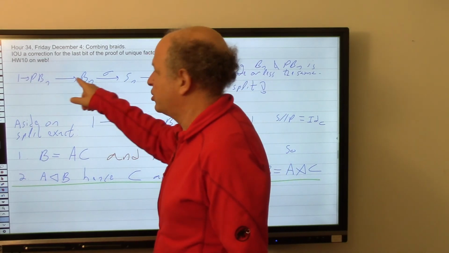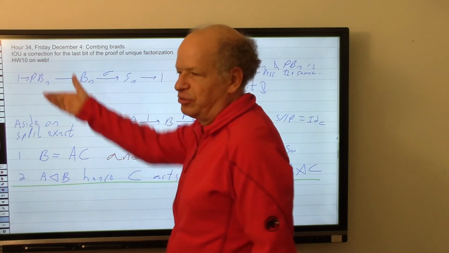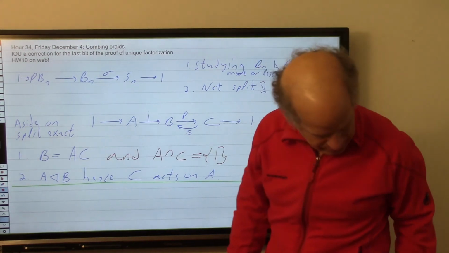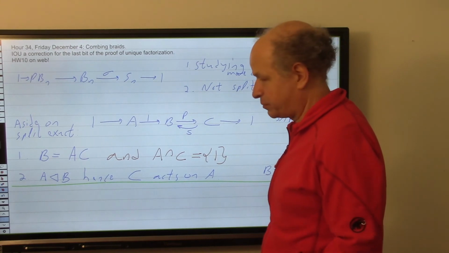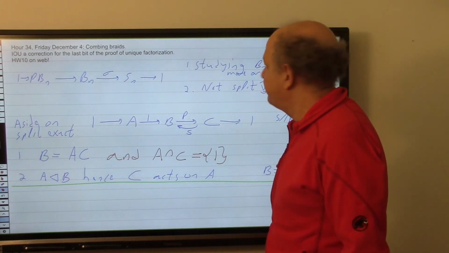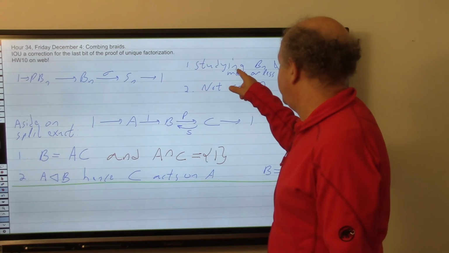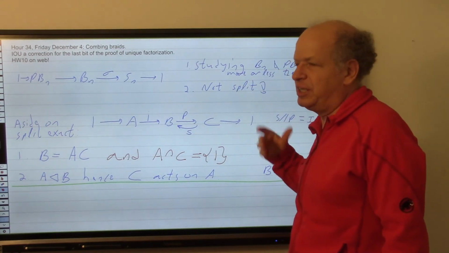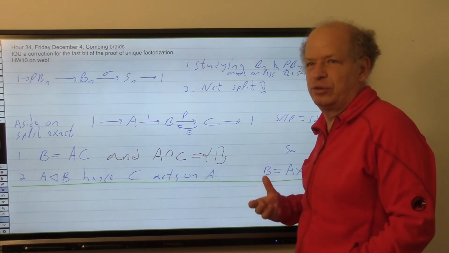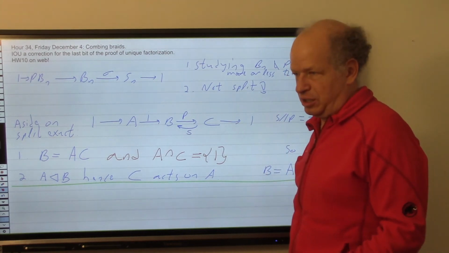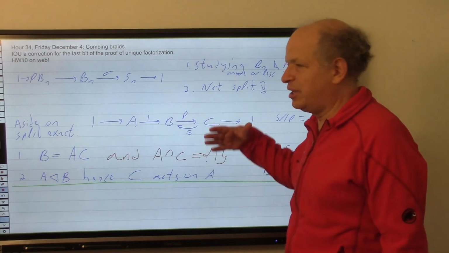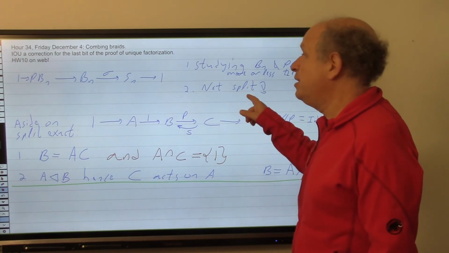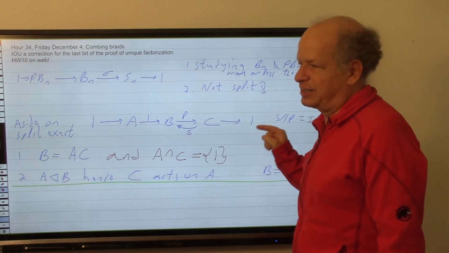PB_n was defined to be the kernel of sigma, so this is an exact sequence automatically, and it means that studying braids and pure braids is more or less the same thing. If you know how to separate braids, and if you know how to separate pure braids, you're more or less in the same place, and by the end of the hour we will know how to do it. And it's not a split exact sequence.